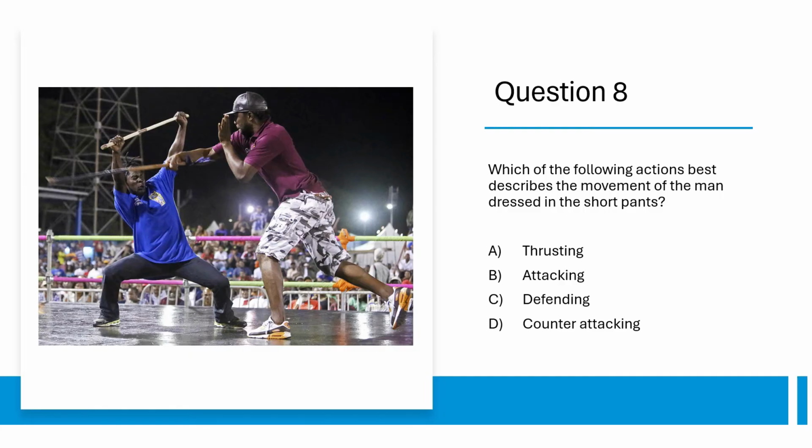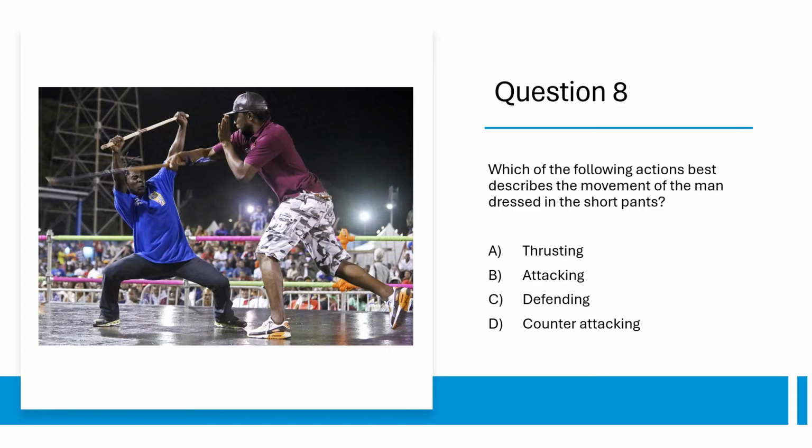He is attacking. Notice where his hand is. Here is the hand, and the stick is here. So it means it's coming over from this side, and it is about to go up to hit the stick here. The other man sees it coming, and so this one in the blue is actually defending, but the one in the short shorts is actually doing an attack.